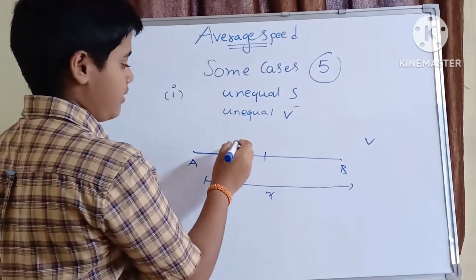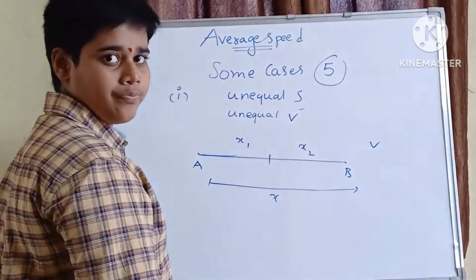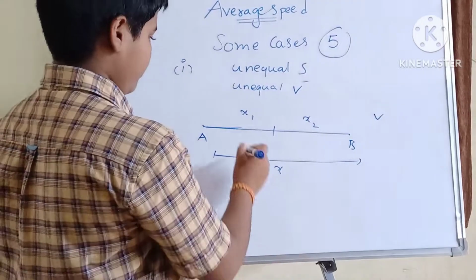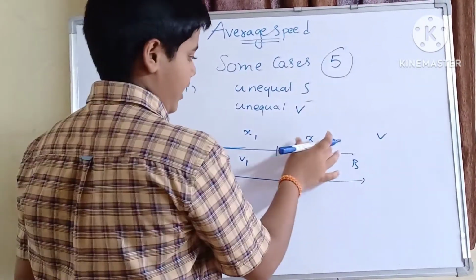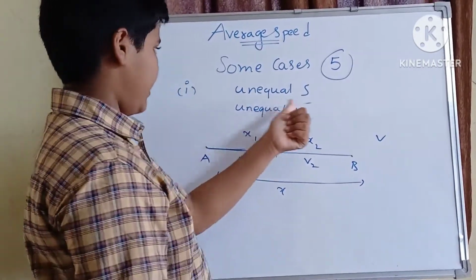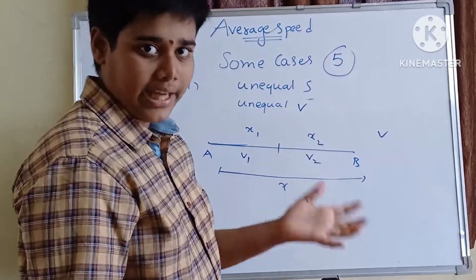Unequal distances means I am taking this as x1 and this as x2, distance 1 and distance 2. So in x1, v1 is the speed, and in x2, v2 is the speed. Here they gave speeds and distances. We have to find time.